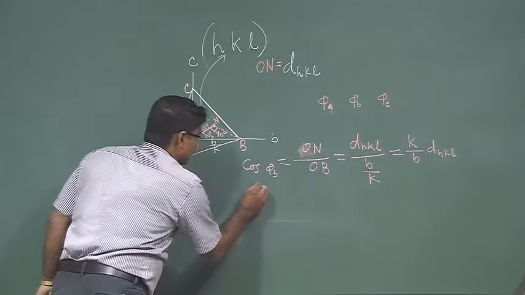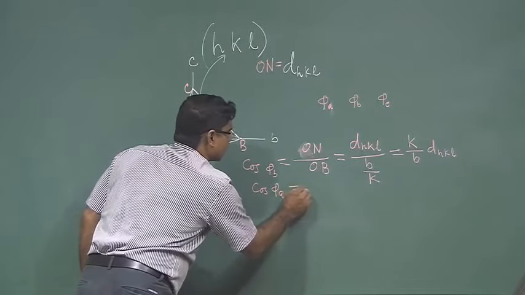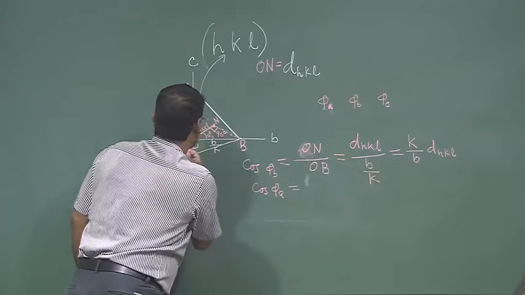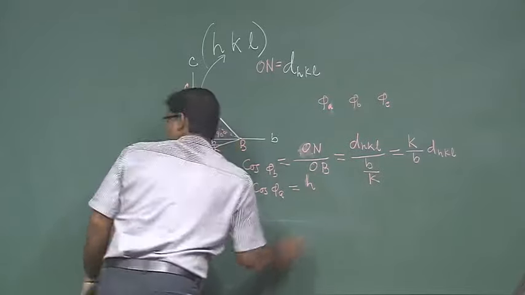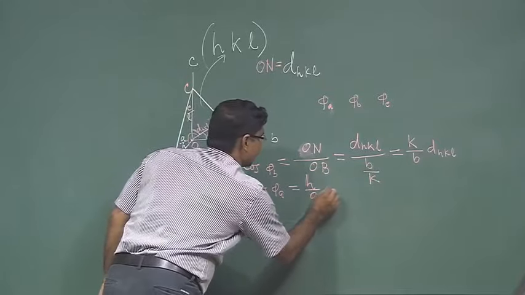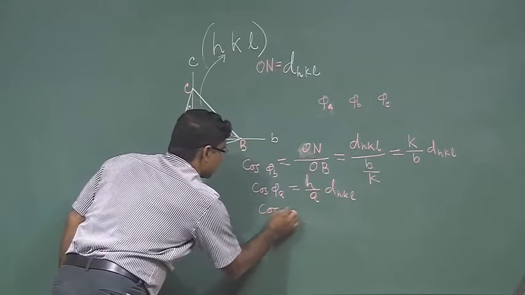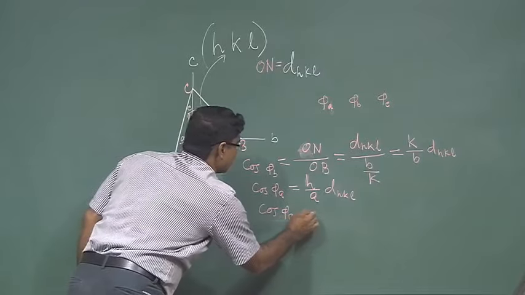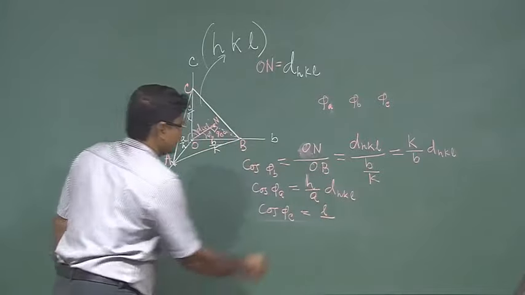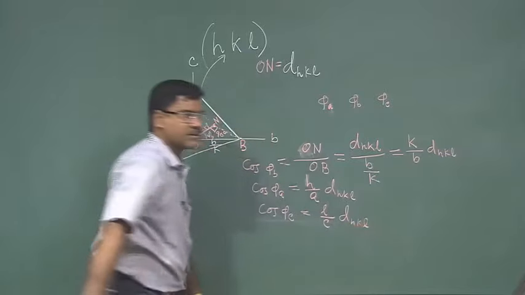Similarly, you can find cos phi A will be equal to H by A, DHKL, and cos phi C will be L by C, DHKL, right.